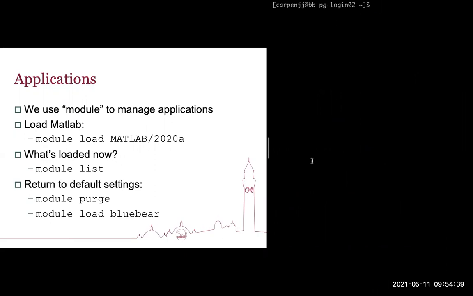So applications on an HPC use this idea of a module, or an environment module. It allows HPC systems to have multiple software applications, and multiple versions of those applications, that don't interfere with each other. When you build software, depending on its complexity, it can have various other dependencies that are required in order for it to run.